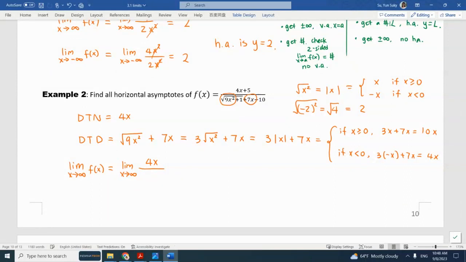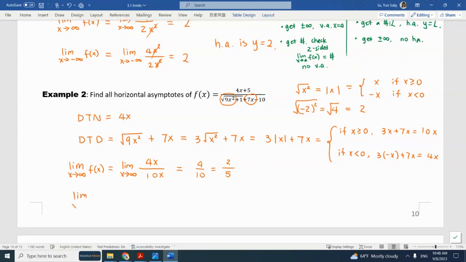What's the dominant term of your denominator? 10x. X goes to infinity. X is positive, right? X is positive. So we get 4x over 10x. Oh, what's that? 4 over 10, which is 2/5, right, everybody?